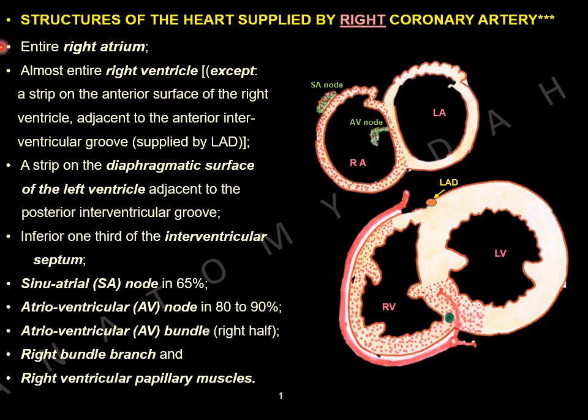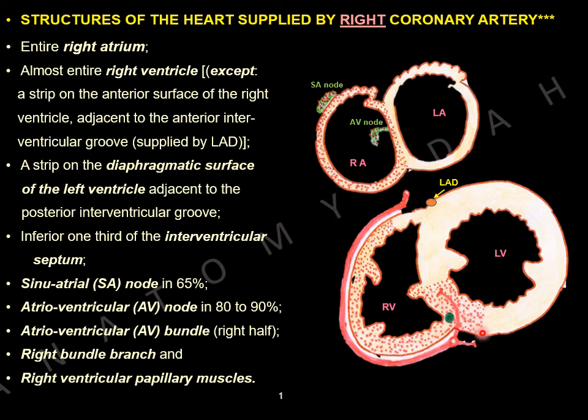Now, what are the structures of the heart supplied by right coronary artery? Very firstly, entire right atrium. Almost entire right ventricle, which includes inferior 1/3 of the interventricular septum.